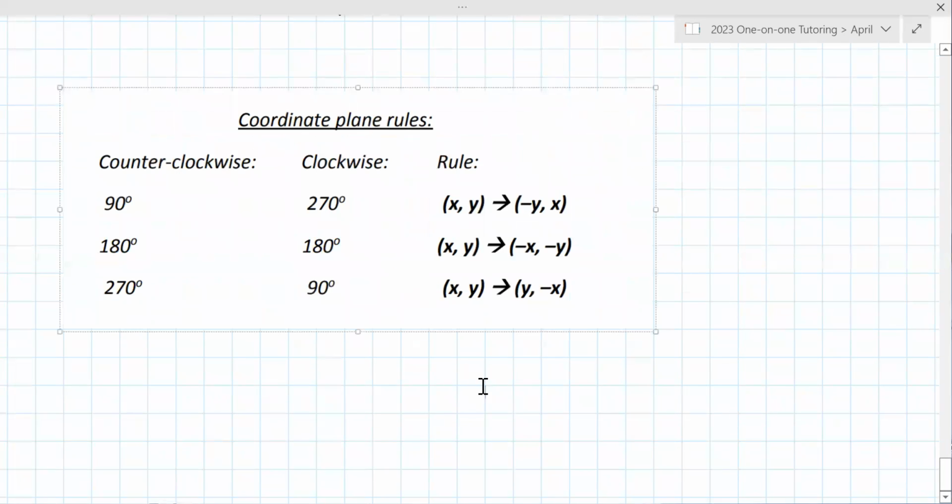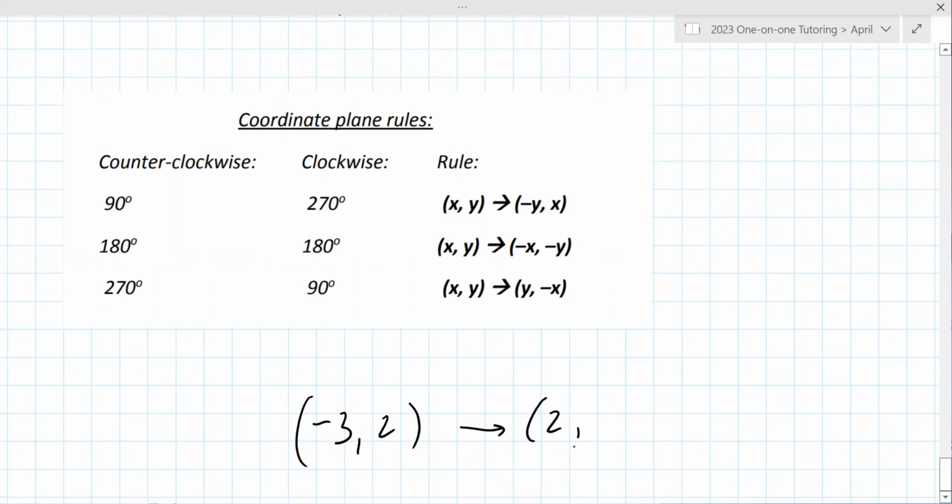All right, let's see if we can do one more here before our time is up. So here are the rules again. Let's say it's (-3, 2) going to (2, 3). Which rule do you think it is?